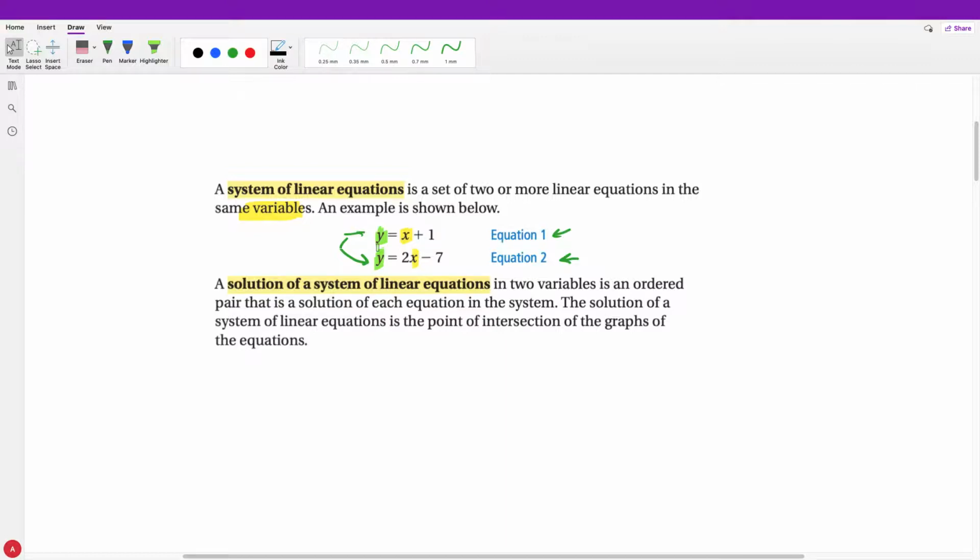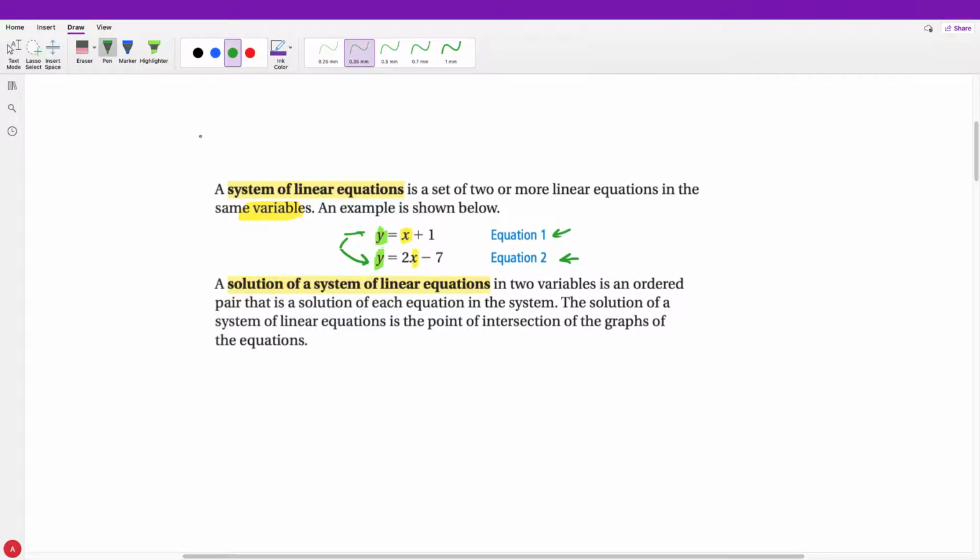But know that the x in both equations must represent the same thing. And since they represent the same thing, it must be the same answer in both. And then the y's represent the same thing in both. Therefore, it must also be the same answer. So whatever answer we get for the first equation must be the same answer for the second. It has to satisfy both of them at the same time.